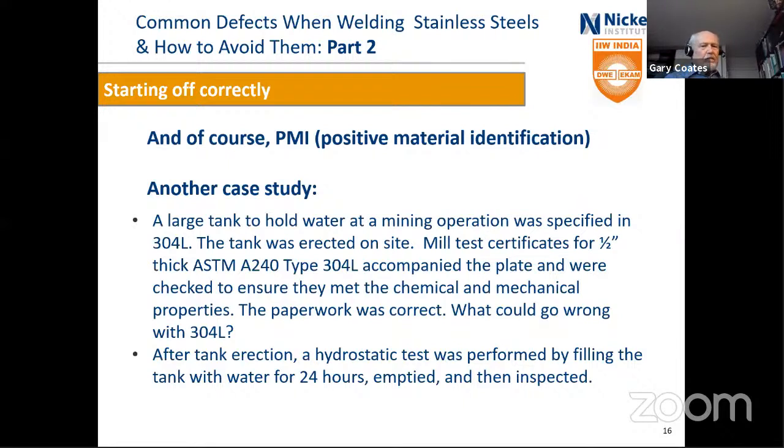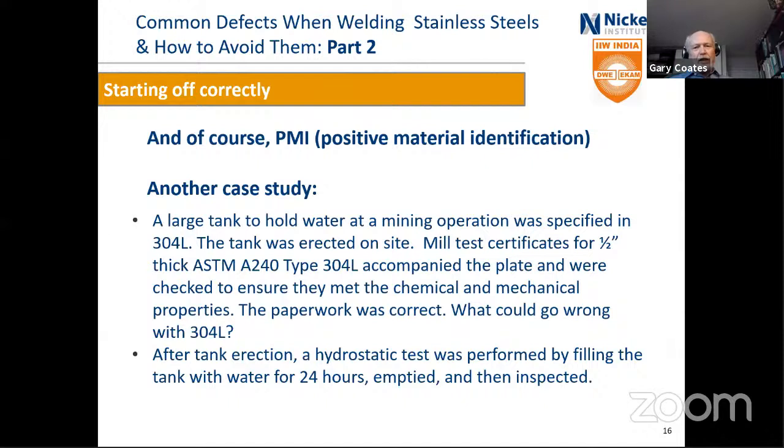An example of that that I came across recently was a water tank that was to be built in 304L. It was 1/2 inch thick, 12.5 millimeter thick plates. They had the proper mill certs. They did not do a PMI on it, and it's only 304L. What could go wrong with that?